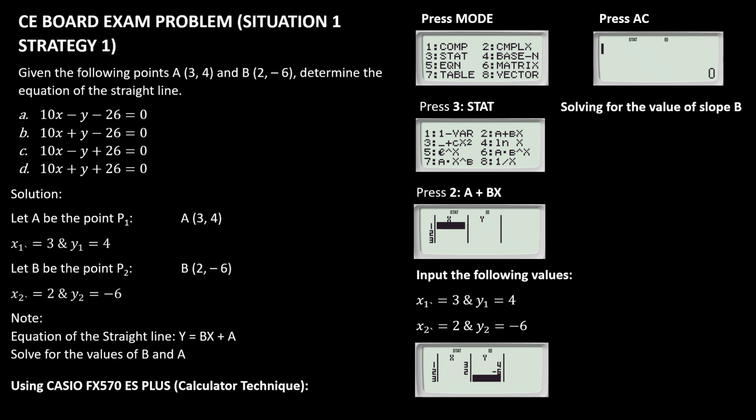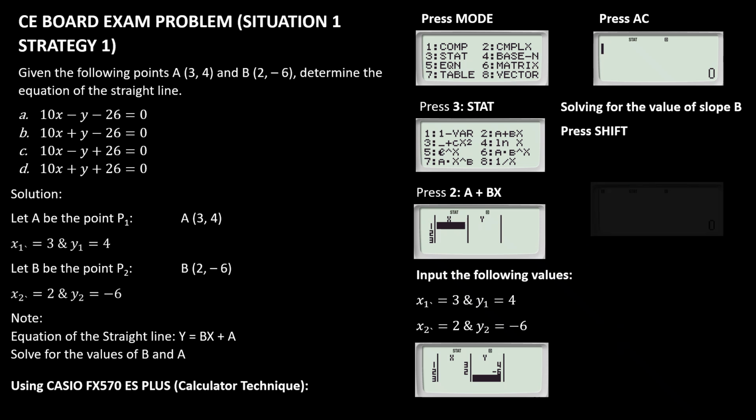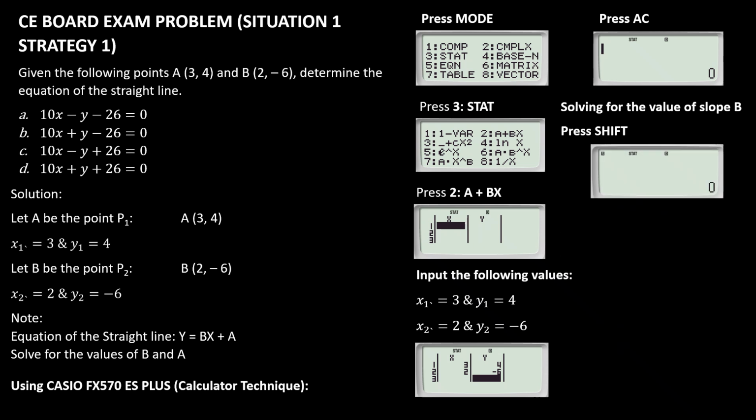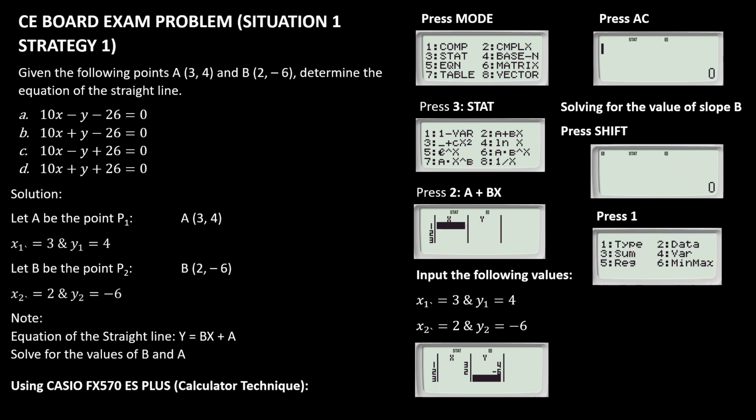We can then now start solving for the value of the slope capital B. First, we have to press shift. And then we have to press 1. After 1, we have to press 5, which means reg. Then the calculator will give us this.